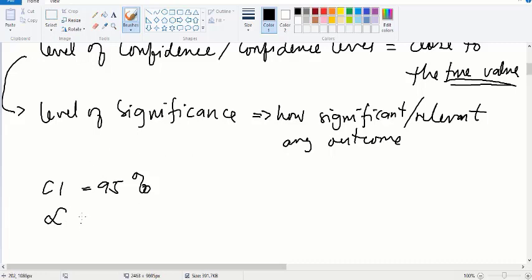Ano yung alpha? Ang alpha is level of significance. Makukuha mo siya by deducting the level of confidence in decimal form from 1. So, for example, 95%, that is 95 divided by 100, 0.95. So, the alpha would be 0.05. Okay, yun lang naman yung ibig sabihin ng alpha.